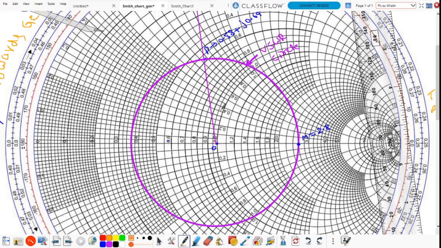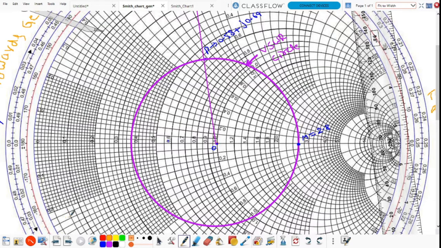The VSWR circle meets the horizontal axis, and that meeting point is considered as capital M. The distance between the center and point M, where the VSWR circle crosses the horizontal axis on the right side of the chart, gives the voltage standing wave ratio.